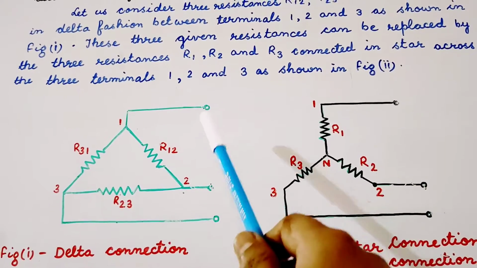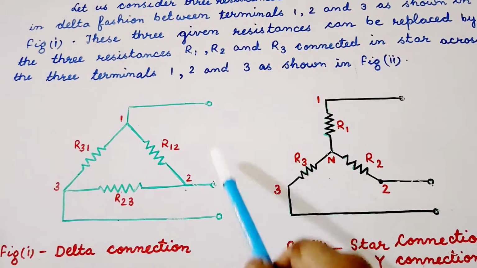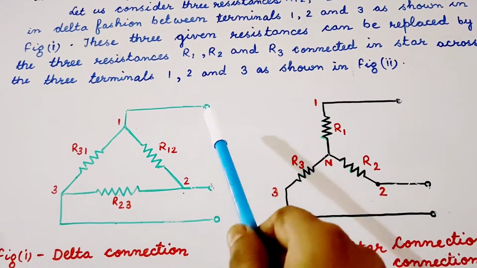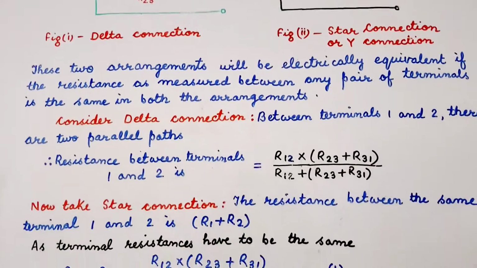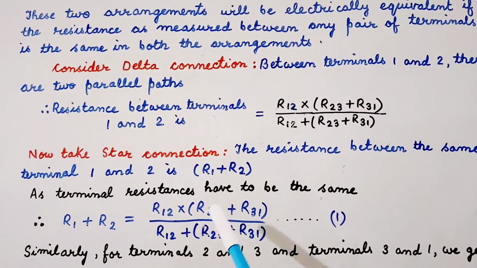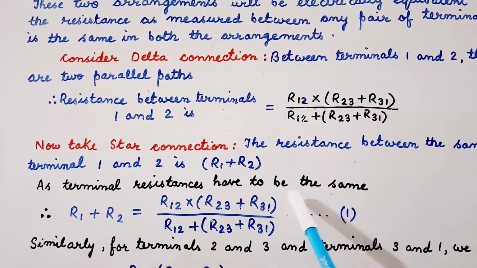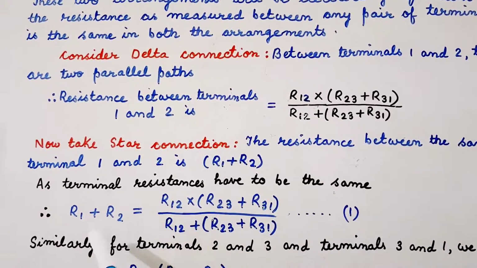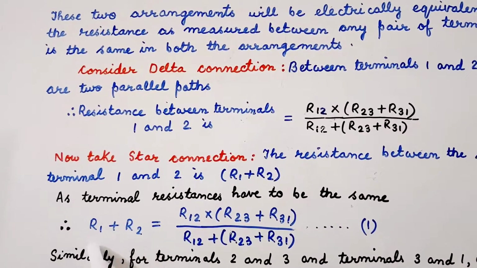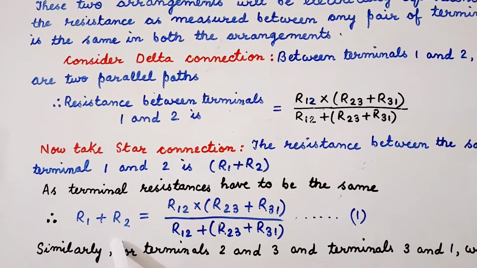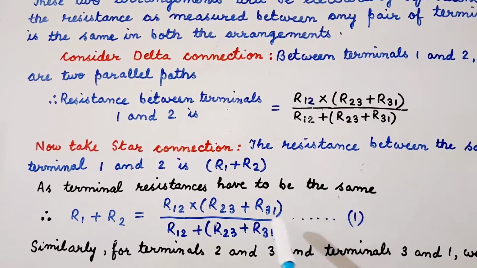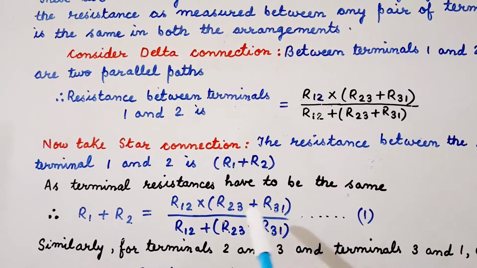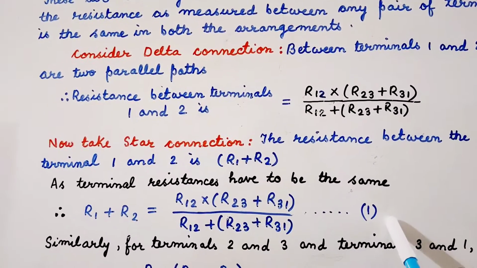So we can equate the equivalent resistance obtained in both the cases to each other. As the terminal resistances should be the same, the equivalent resistance between the terminals 1 and 2 in star should be equal to the equivalent resistance between the terminals 1 and 2 in delta. Let us call this equation number 1.